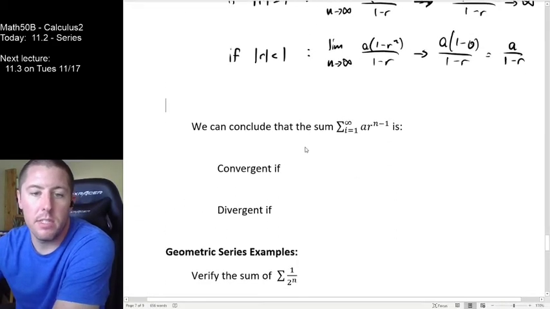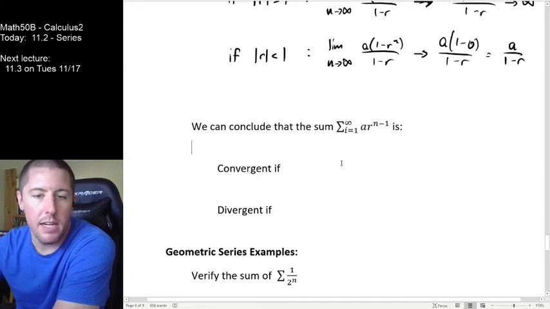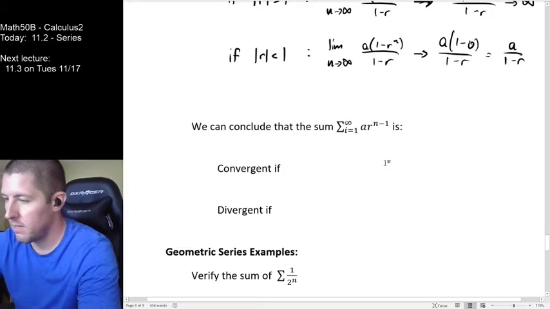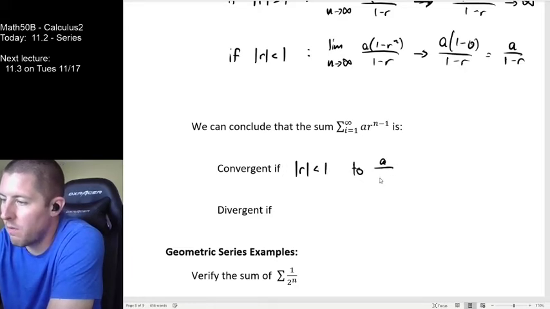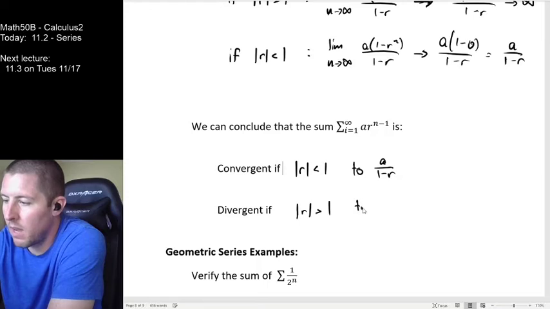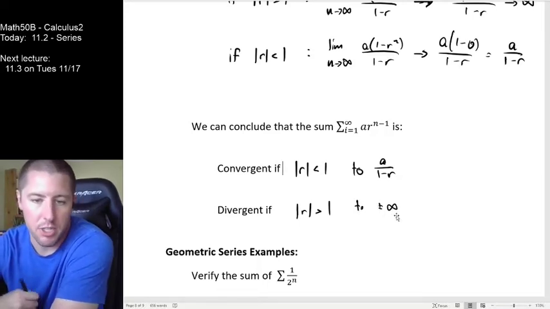So if we can write a sum in this form, then it is geometric, and it is convergent if the absolute value of r is less than 1, to a over 1 minus r, and is divergent if the absolute value of r is greater than 1, to plus or minus infinity. We're going to diverge in some direction.